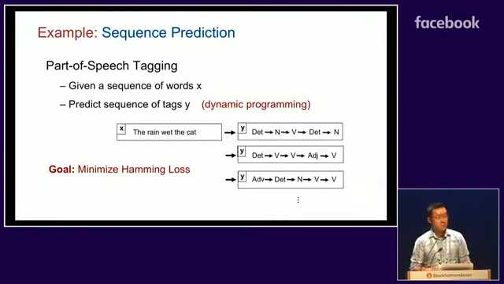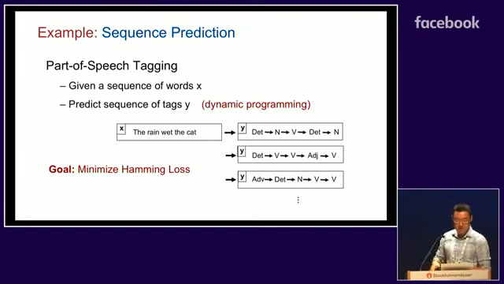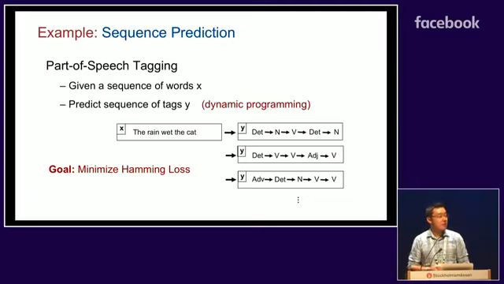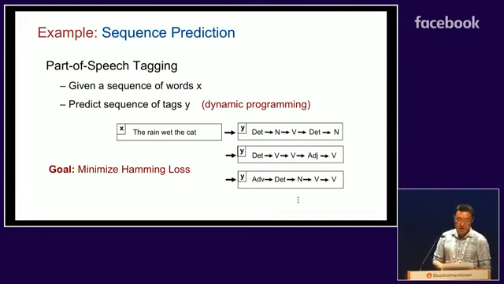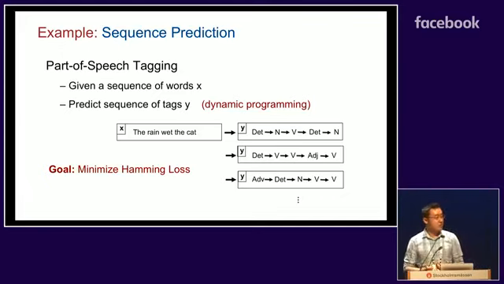And so let's sort of get into a little bit more of the technical details with the simplest version of structured prediction, which is sequence labeling. And the most common example here is part of speech tagging. It's also quite common in various computational biology applications as well. So in part of speech tagging, which is an NLP application, we're given a sequence of words, X, and we want to predict a sequence of part of speech tags, Y. A part of speech tag are things like noun, verb, adverb, adjective, determiner, etc. And so because the space of all possible sequences is exponentially large, we typically use some sort of optimization procedure.